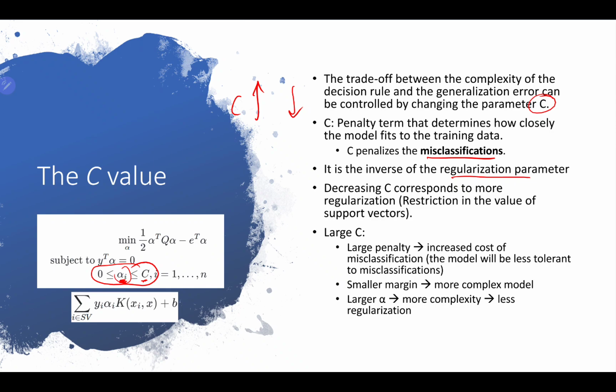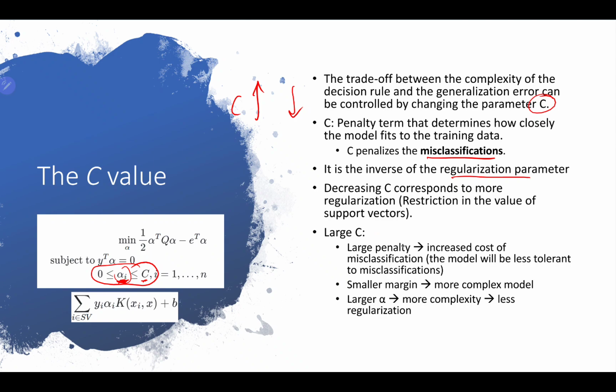There, when you increase it, you're applying a penalty on those coefficient terms, and then they cannot grow very much. Here it's the opposite. If you decrease the C value, then you're making it more restrictive on the alpha values, which you can think of as the coefficients of each of the support vector points. So decreasing C corresponds to more regularization, restriction in the value of these support vectors.